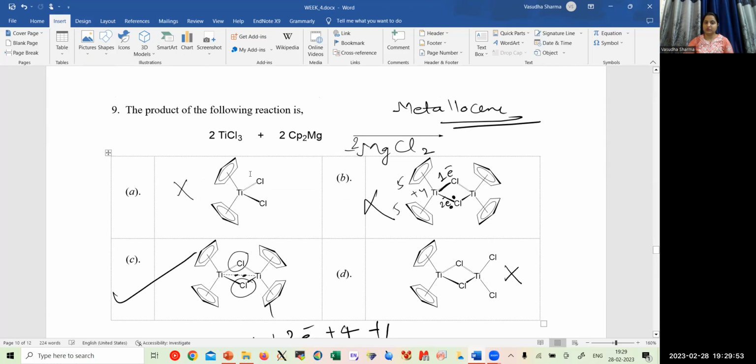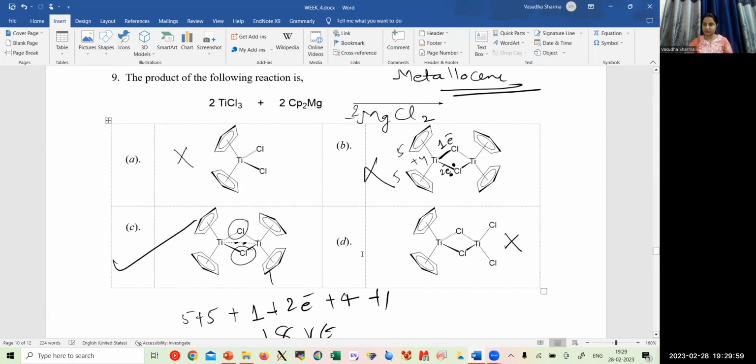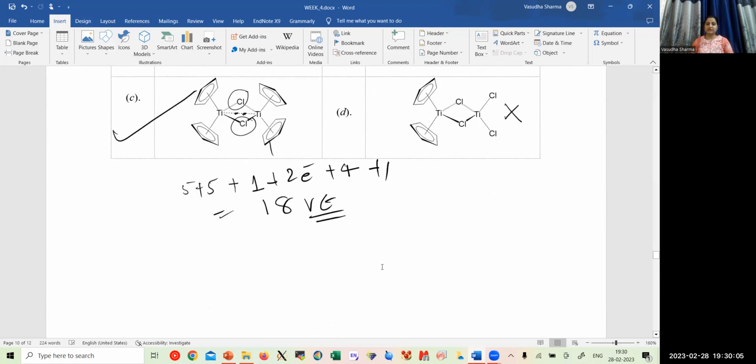Here we saw how the Cp rings are getting attached to the metal, but here also you need to find out whether a direct metal-metal bond is there or not. Again, we can calculate by considering the total valence electron count as 36 because of two titanium centers.